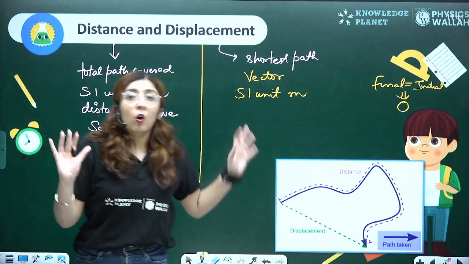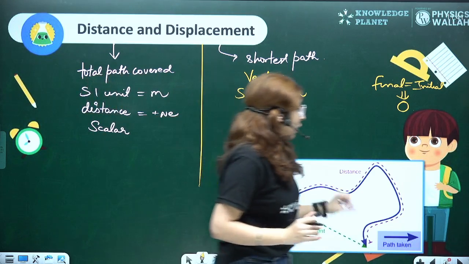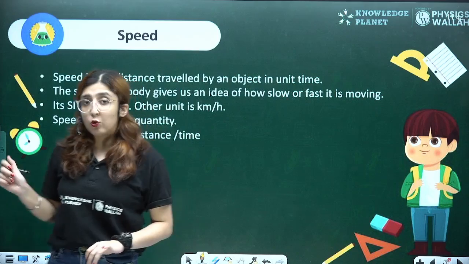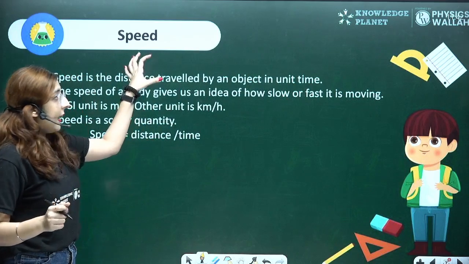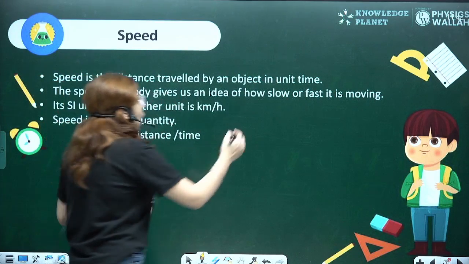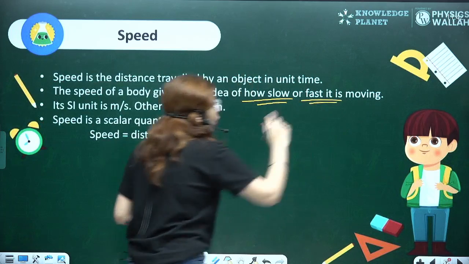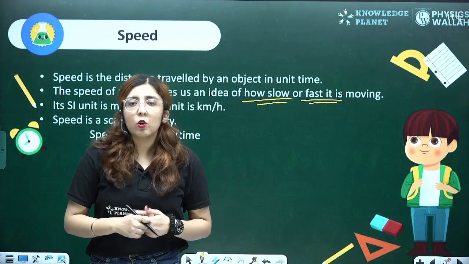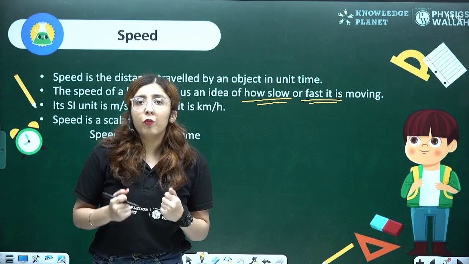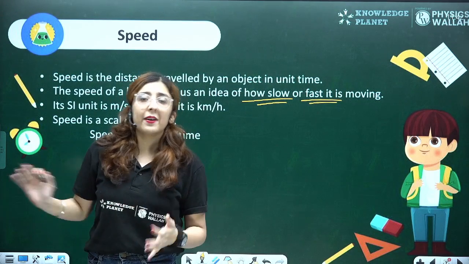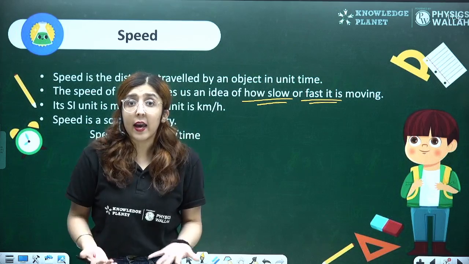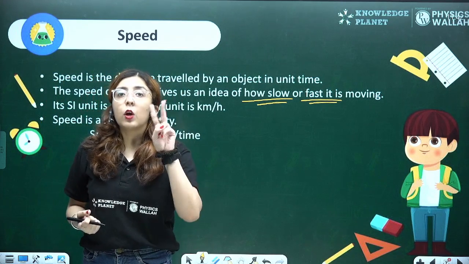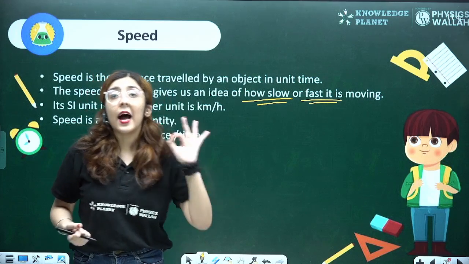Now, taking up this information, we are going to talk about speed. Speed is nothing but how fast or how slow an object is moving. If I tell you that I am moving with a speed of 4 meter per second, I am specifying how fast I am going. For speed, you require two things, distance and time.